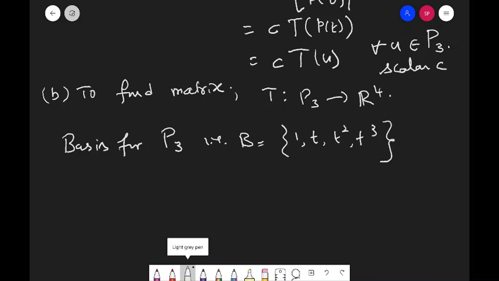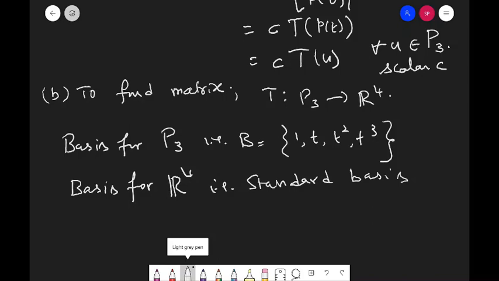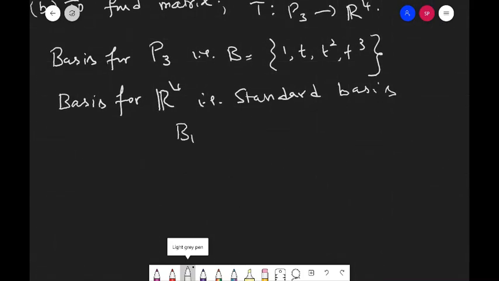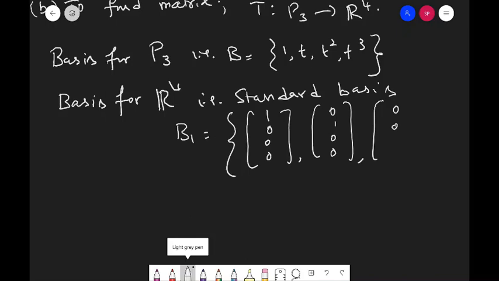And then the basis for R4 is the standard ordered basis, and this we know, let me take it as B1, that is equal to 1 0 0 0, 0 1 0 0, 0 0 1 0 and this is 0 0 0 1.